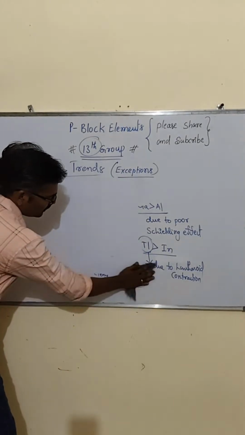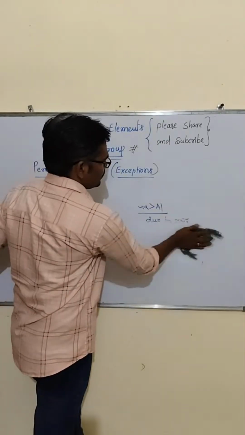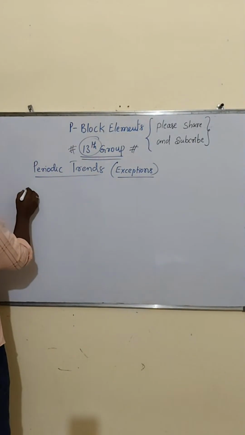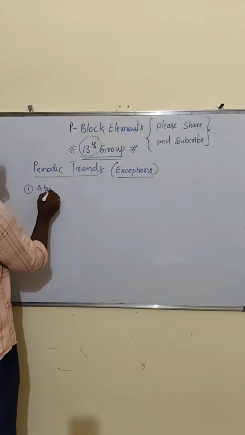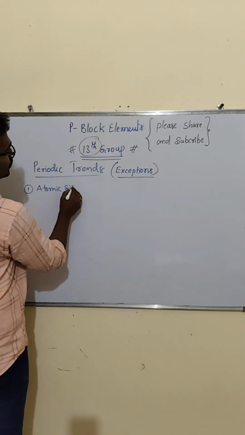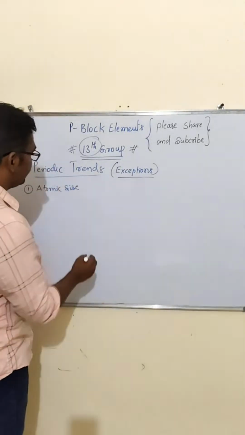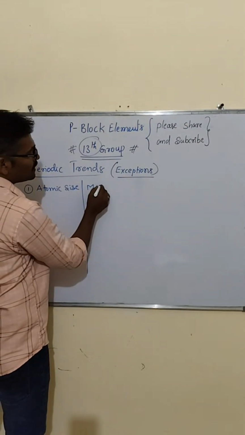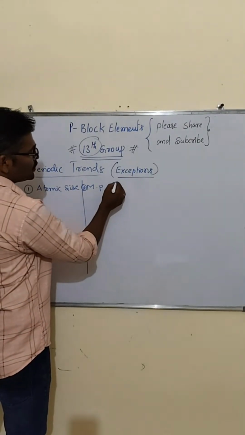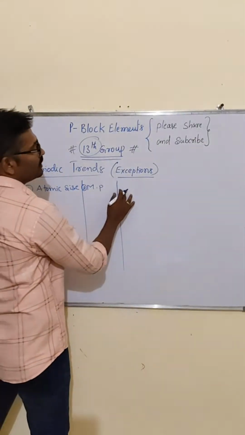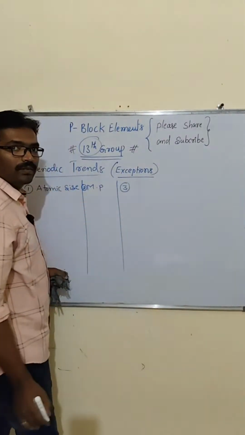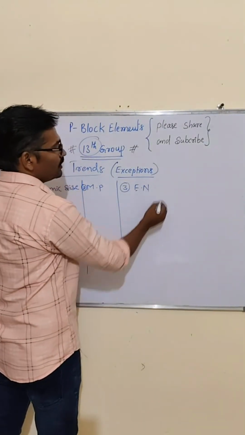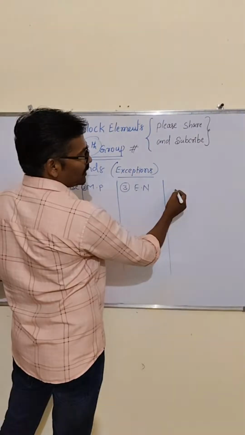So for all the shortcut tricks in one frame that we'll discuss. First one, atomic size, my dear student. Next, the second one, melting point. Third one, electronegativity.